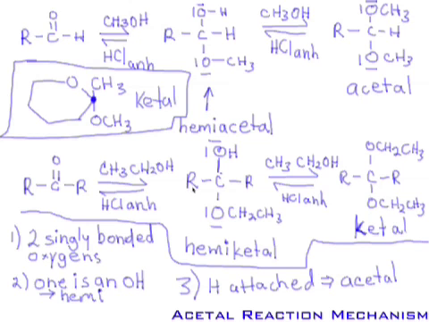So, let's take a look at the reaction mechanism. Again, we start with the aldehyde. There's two lone pairs here. And of course we're in acid, so whenever you're in acid there's lots of H plus around.